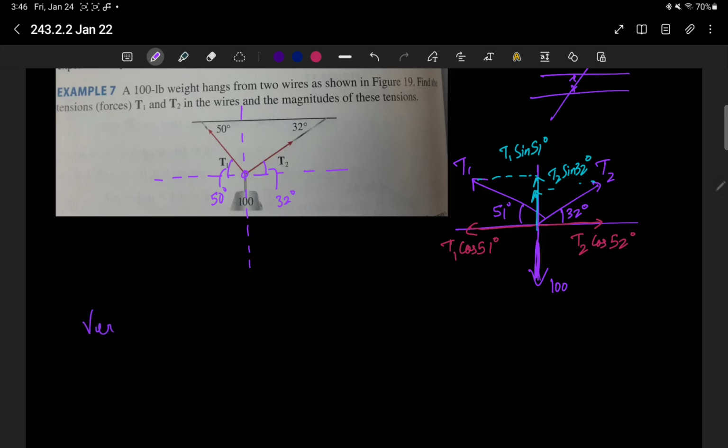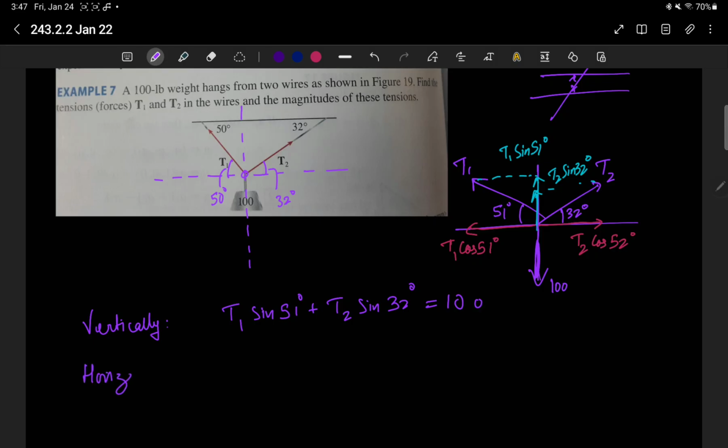First of all, vertically, because the object is not moving, t1 sine 51 degrees plus t2 sine 32 degrees should add up to 100.